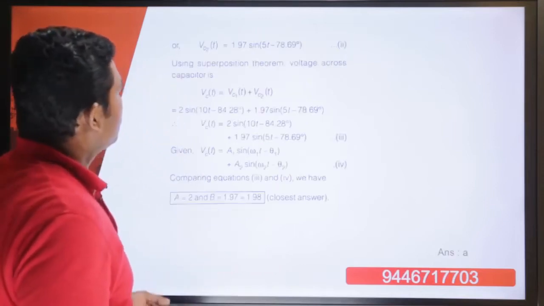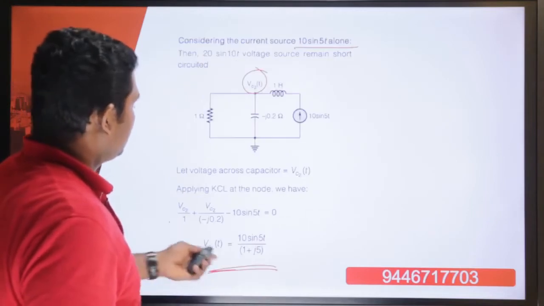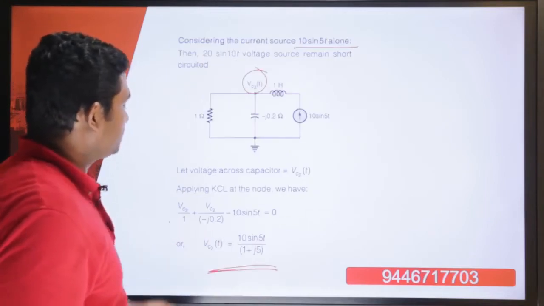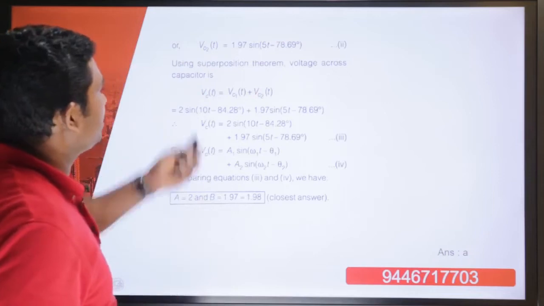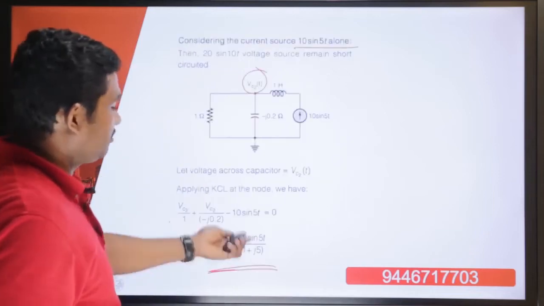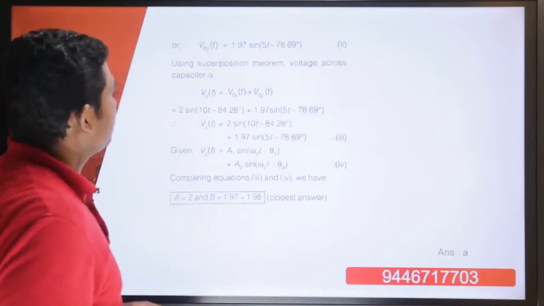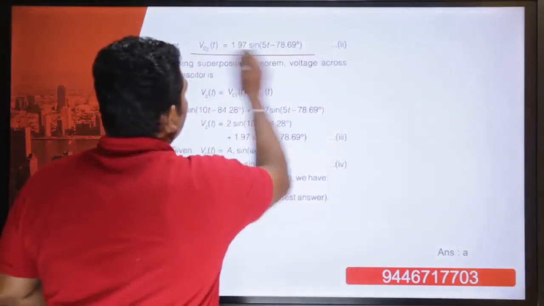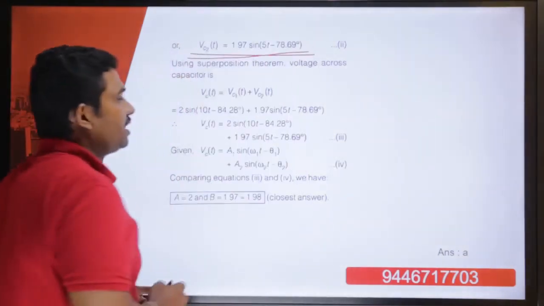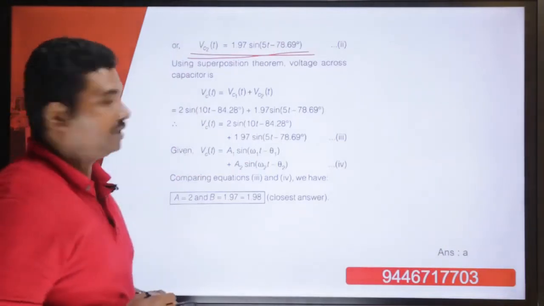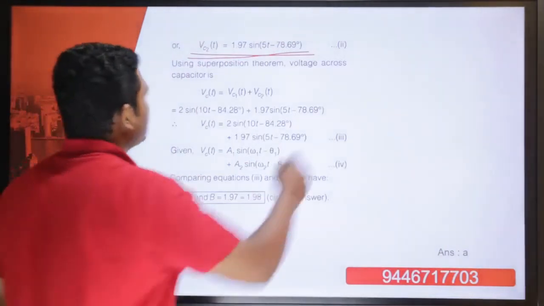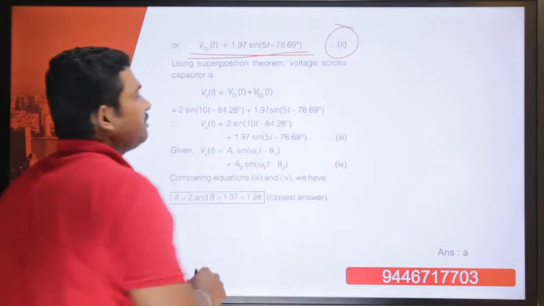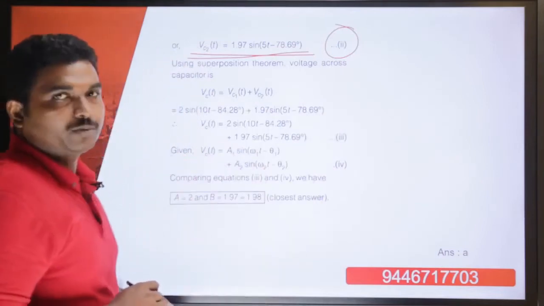Doing this division, Vc2 of t can be written as 1.97 sin(5t minus 78.69), and this is put as equation number 2. Now we have done this problem so far with the superposition theorem.